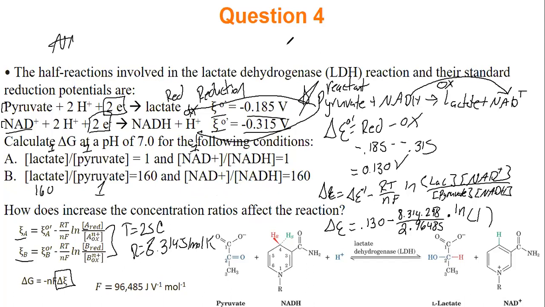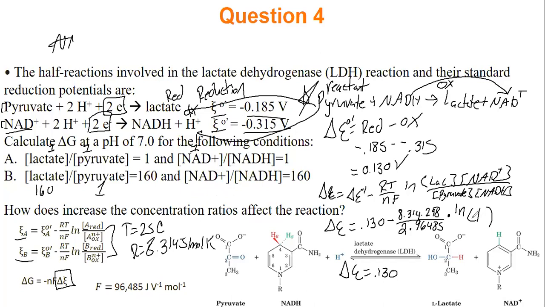I know I'm all out of time here, so let me just finish this super quick. The natural log of 1 is 0, right? So delta E equals 0.130 because natural log of 1 is 0. So that whole multiplication term cancels out.